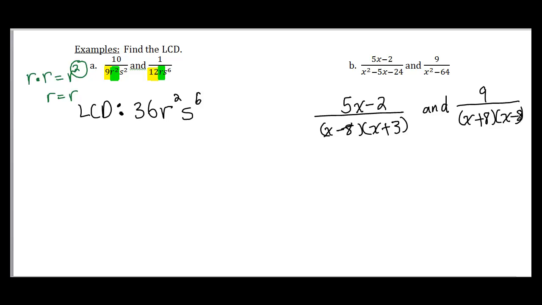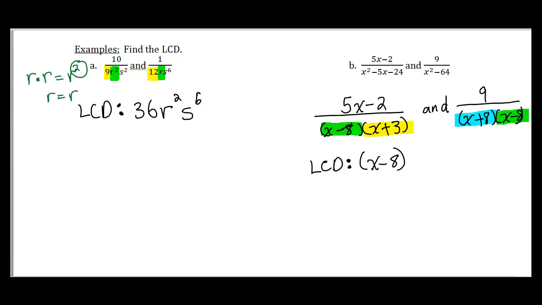So when I look at my least common denominator, my LCD, I'm going to look at the factors that are in one or both. For instance, this x minus 8 is actually in both of my denominators. So when I write my LCD, I only have to write it one time. Now I have to look at the other factors in my denominators, for instance this x plus 3 and that x plus 8 right there.